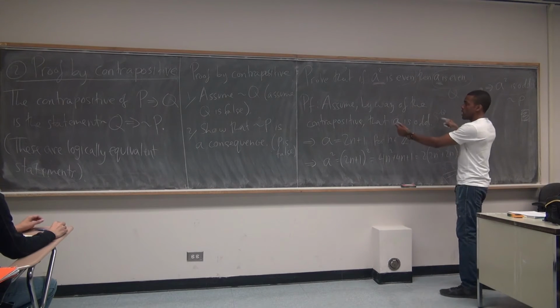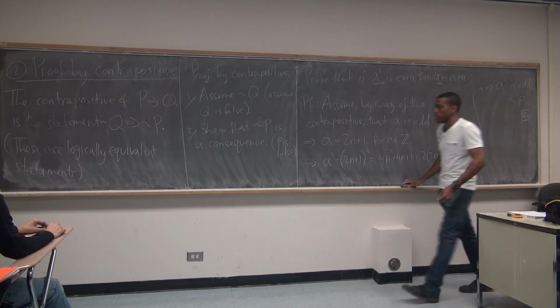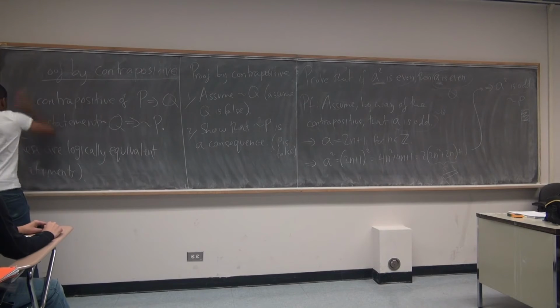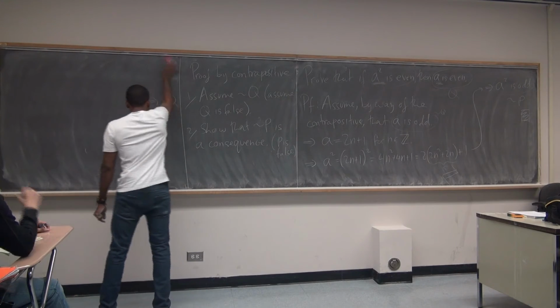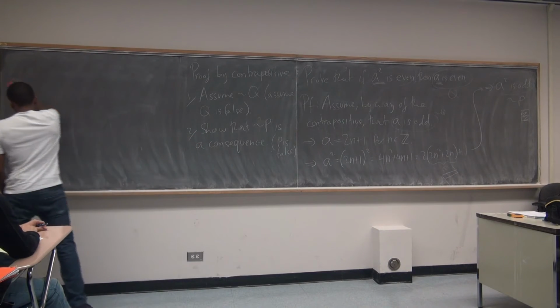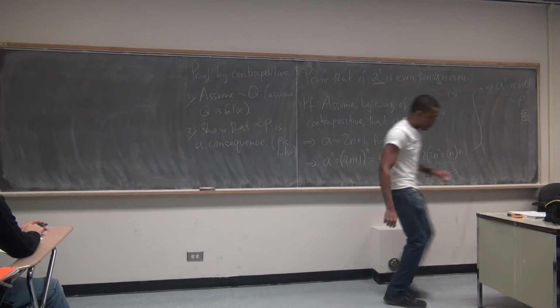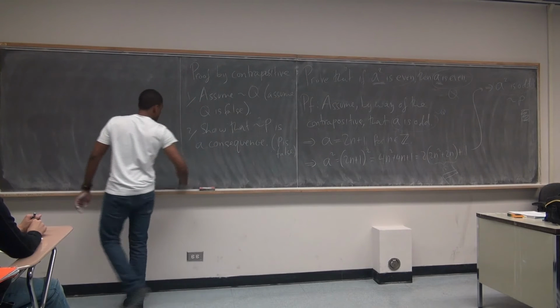Because I just showed that not Q implies not P. This is called a proof by contrapositive. When we get to the next section, I think we'll actually do a proof like that, using both of these.